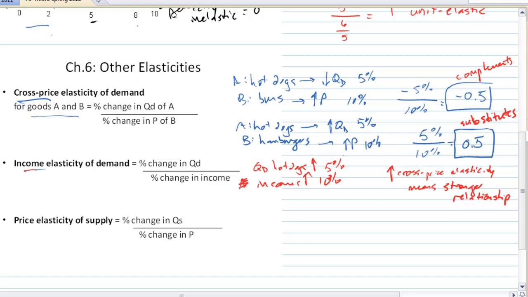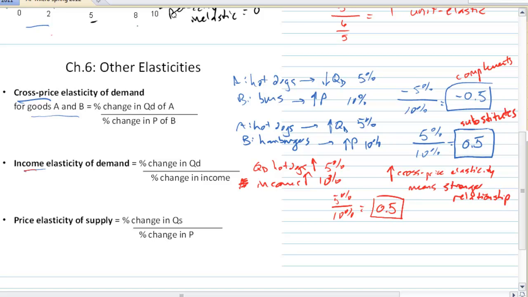People have more money, they buy more hot dogs. That makes sense. The income elasticity of demand for hot dogs based on this data is change in quantity demanded 5% over the change in income 10%. So 0.5 would be the income elasticity of hot dogs.